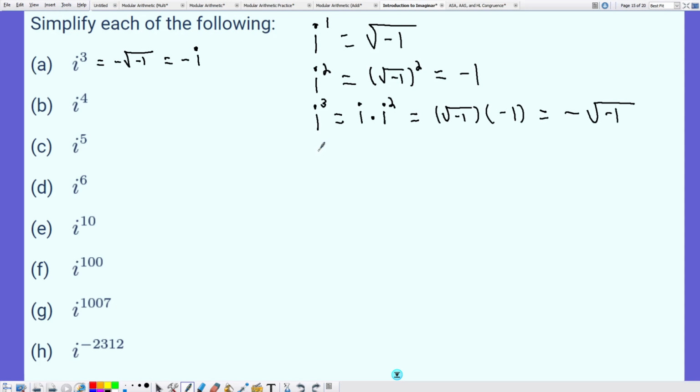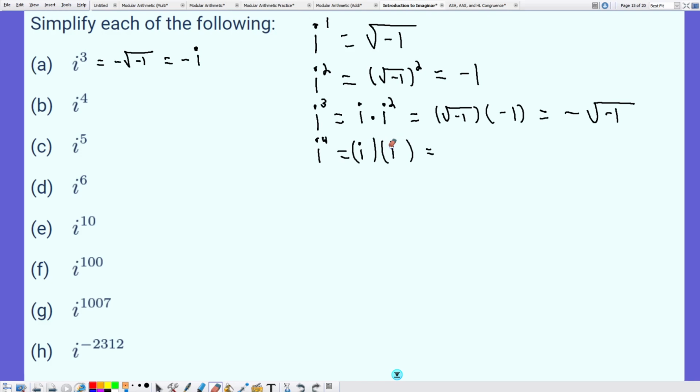So how about i to the fourth? Well, that can be split up as i squared times i squared. I should have really put the exponents on the outside.